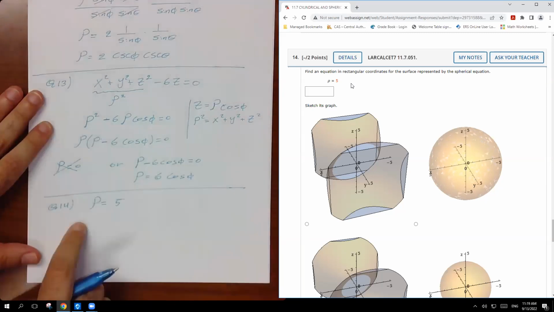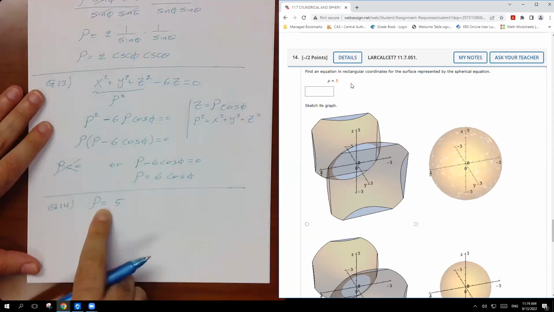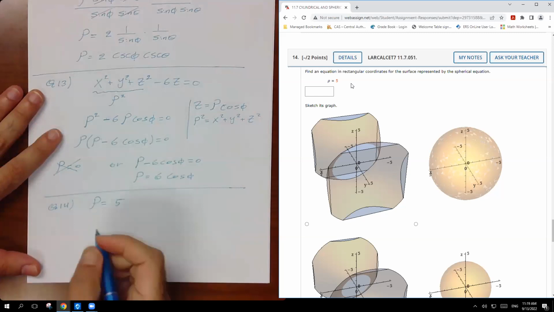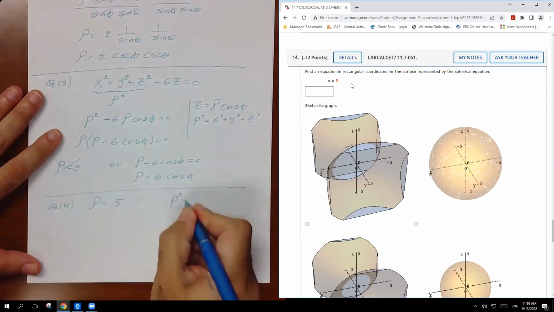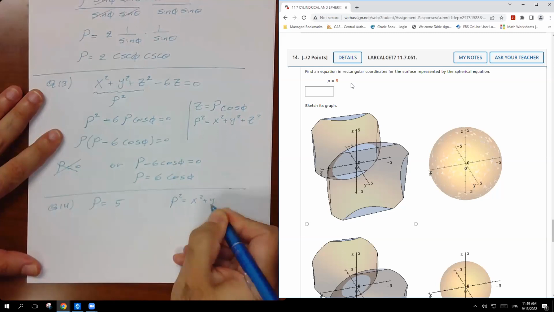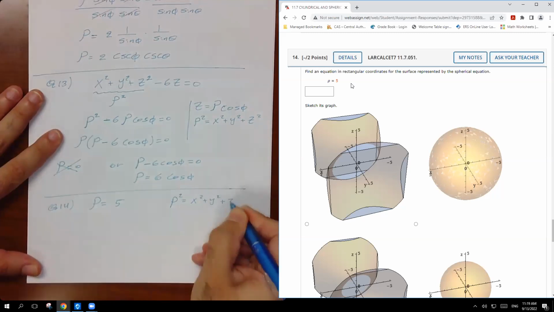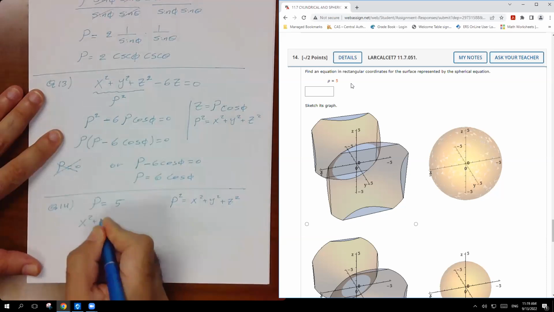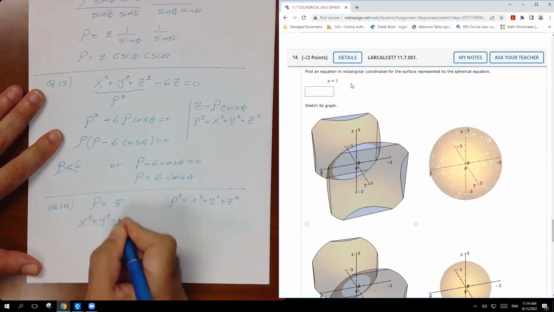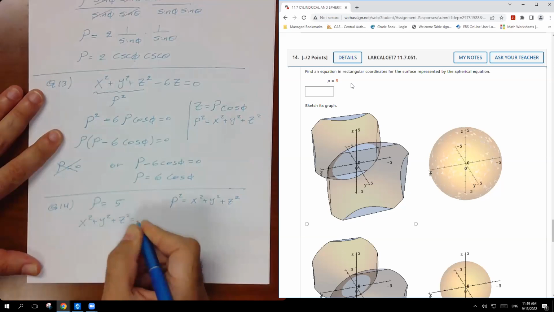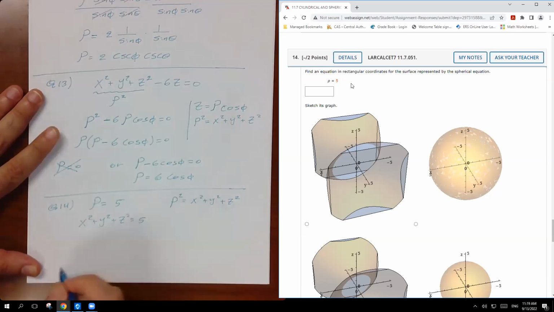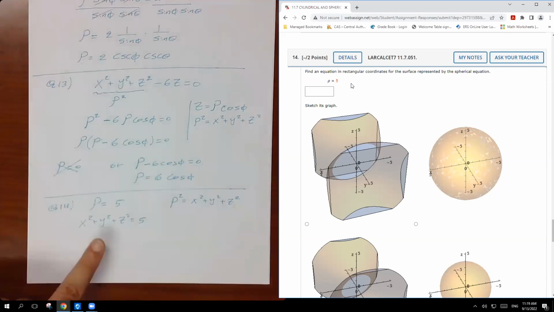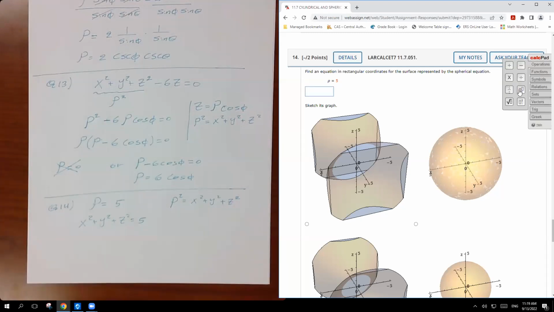That means to convert to rectangular, because this is a spherical equation, I'm just going to say rho squared equals x squared plus y squared plus z squared. That means here is going to be x squared plus y squared plus z squared equals 5. So this is the answer here, but then we have to find which one is going to be the right one.